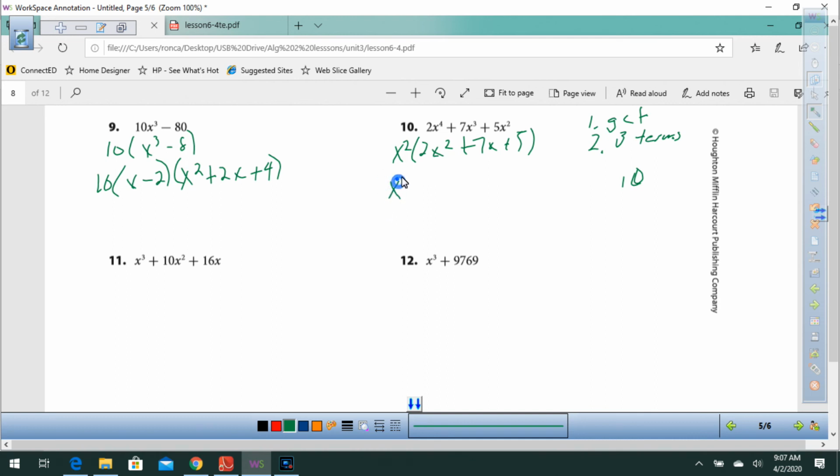You've got x squared, and then you've got 2x, and then you've got x, because 2x times x is 2x squared, and you've got a 5 there, and those are all positive. We've got plus and plus. Now, the 5, I believe, will go here. That's 5x, and that'll be a 1. Okay? Cool.